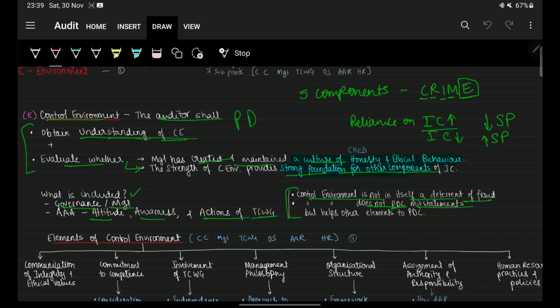It does not prevent, detect, nor correct the misstatements, but it helps other elements to prevent, detect, and correct. So this is basically the base.